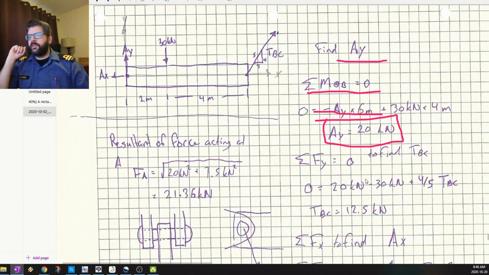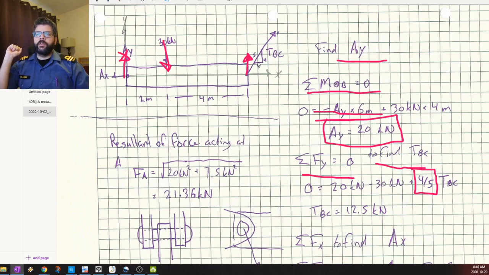Then we can take the sum of our forces in the x direction in order to find what our TBC here is. So we got the plus 20 kilonewtons, we got the minus 30 kilonewtons, and we've got whatever the vertical component of TBC here is. So that'll be 4 over fifths TBC, because again, this is a 3, 4, 5 triangle with the 4 on the vertical component there.